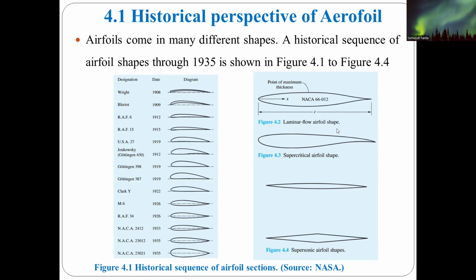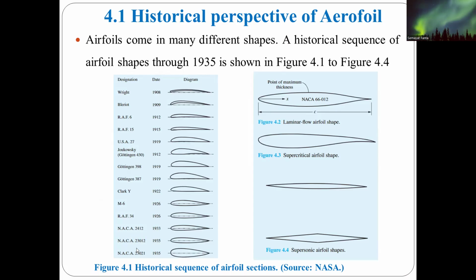So the historic sequence of aerofoil shapes from 1935 is already given in this picture. For example, we can see from 1908, the Wright brothers designed an aerofoil, again in 1909, and others also. Till 1935, we can find actually the NACA representation.